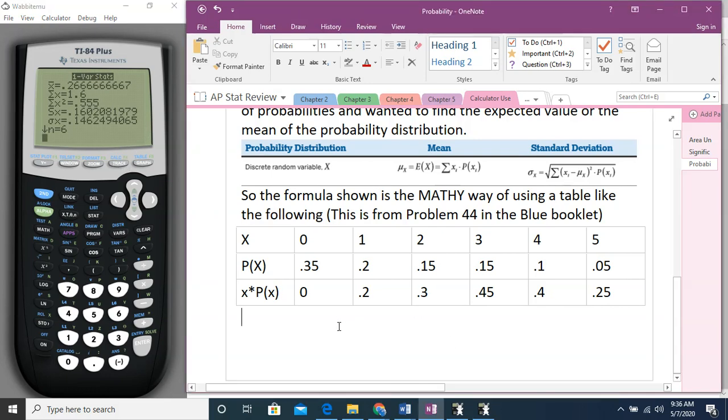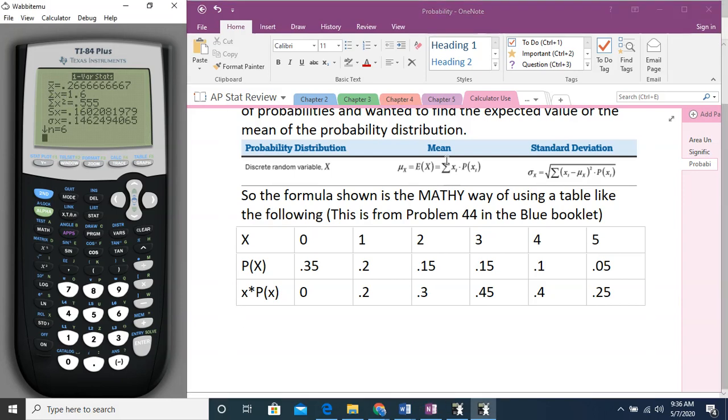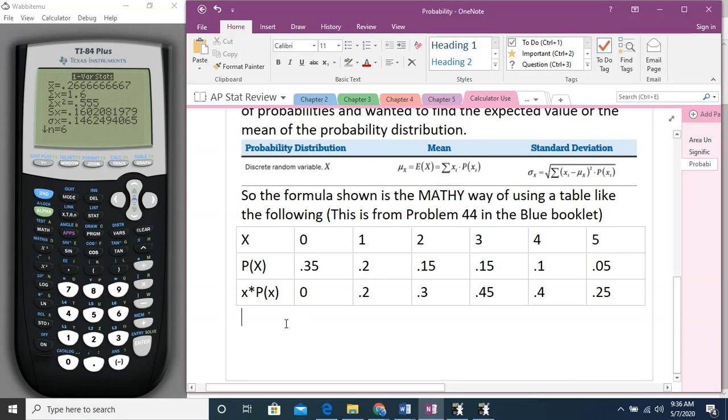So my expected value is the sum of all of them. So right here, notice the sum. So 1.6. So my mu sub x is equal to 1.6.